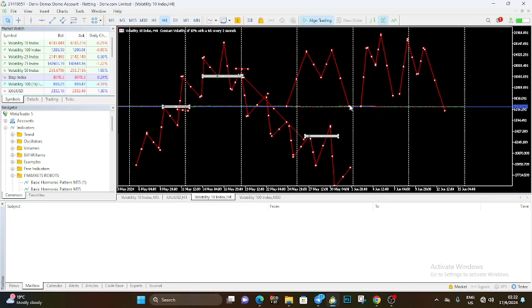So I won't risk it, I'd rather just take out my profits. So simply, this is how you trade some M setups, or these types of reversal setups. In the next video, I'm going to show you some other types of reversal patterns and how to trade them.